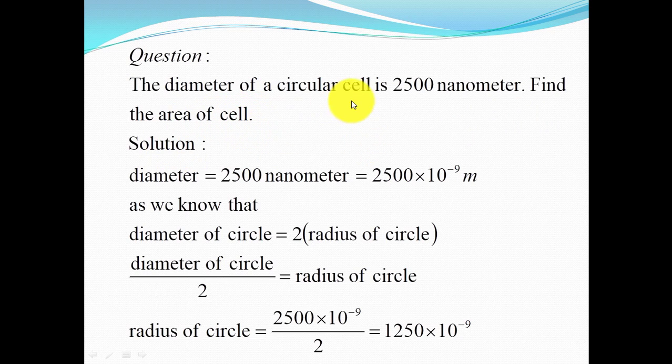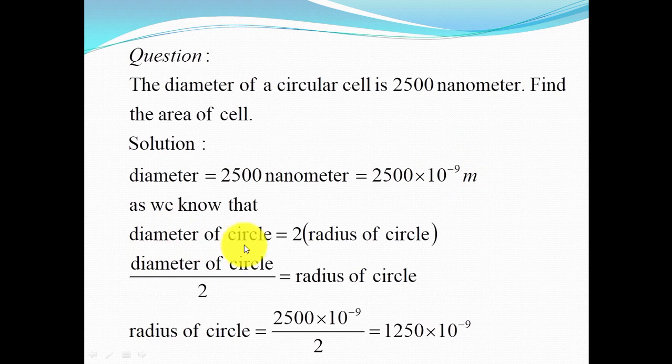Now we have to find the area. We are just given the diameter. We know that the diameter is twice the radius. First of all, we simplify. The diameter is equal to 25 multiplied by nanometer, and nano means 10 raised to power minus 9, and meter is a unit.